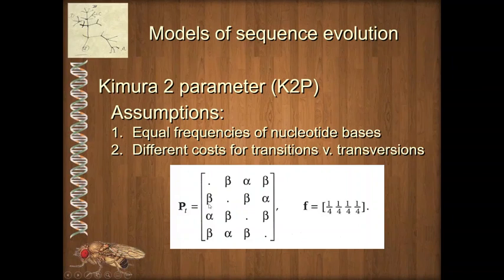This model was originally developed because when we looked at real DNA sequences, often we observed that the differences that could be categorized as transitions were much, much higher. There were many more transitions than there were transversions. And so we needed to give them different probabilities. That is the Kimura two-parameter.